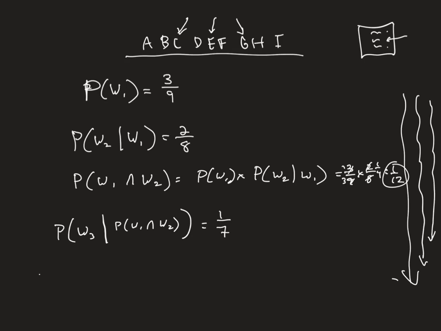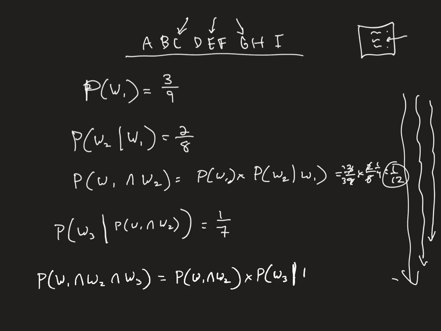All right, so we know that the probability of your first one winning, and your second one winning, and your third one winning is equal to the probability of your first 2 winning times the probability of your third one winning, knowing that your first 2 won.